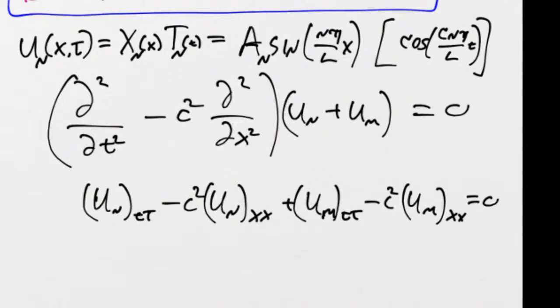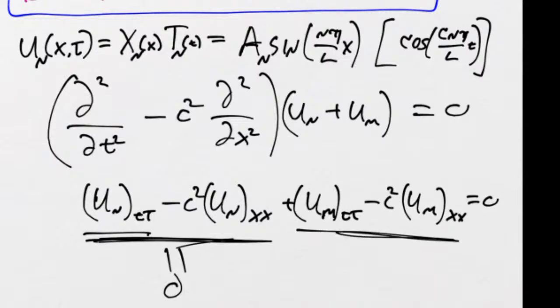And does that equal 0? Well, this plus this is the wave equation for un, and that, of course, equals 0 by definition. Un is a solution of the wave equation. Likewise, um was assumed to be a solution.